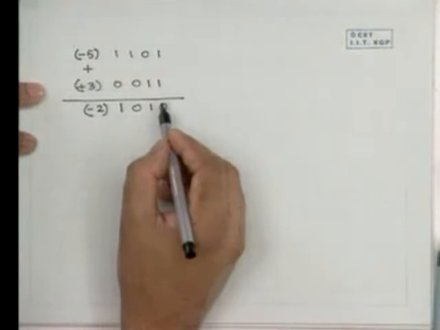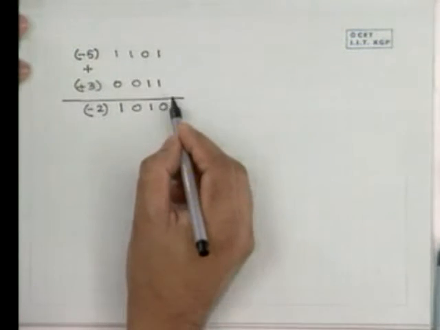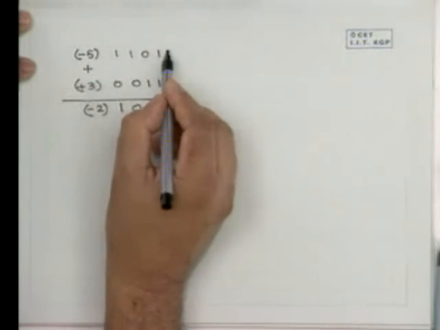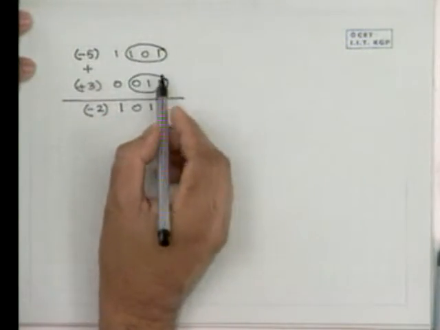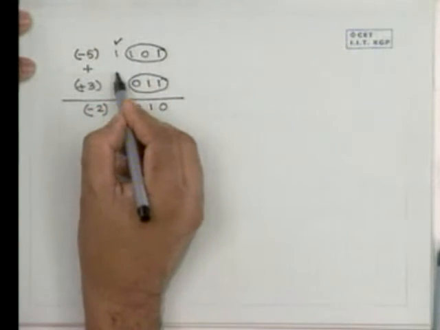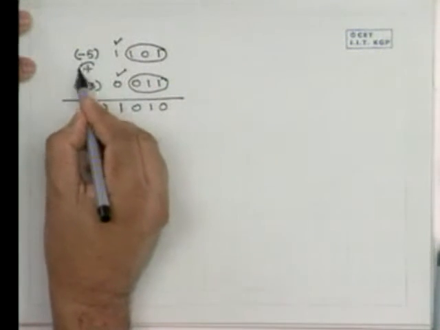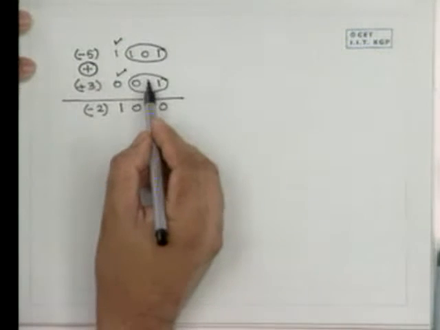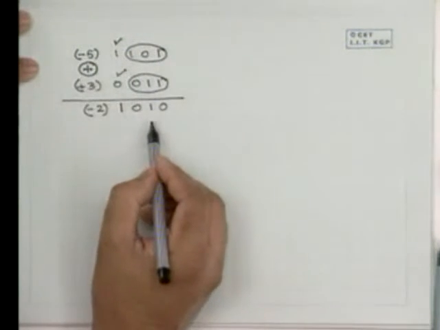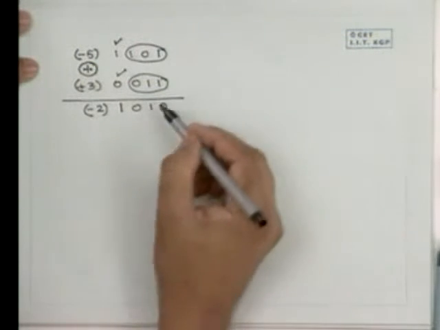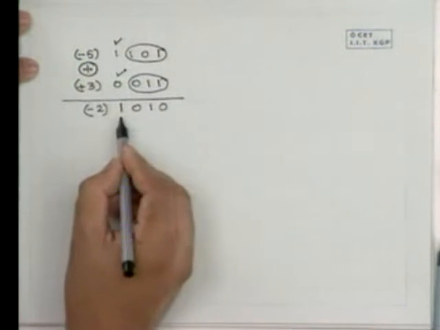So to get the result, we'll have to consider the magnitude of the two operands, the sign of the two operands, and the desired operation to ultimately decide which will be the actual operation and what will be the sign.